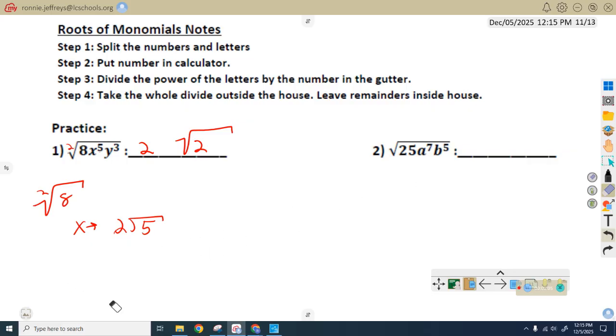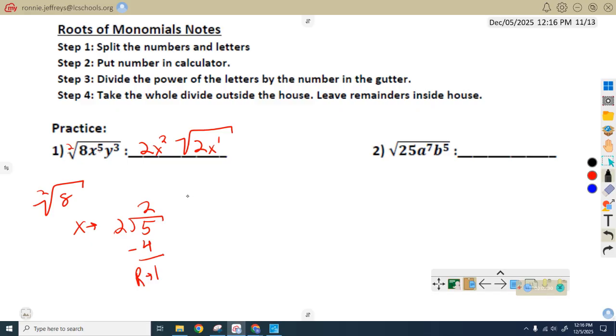All right, so how many times will 2 go into 5? Twice, right? With the remainder of 1. So with our x's, we're going to have 2 on the outside, 1 on the inside.